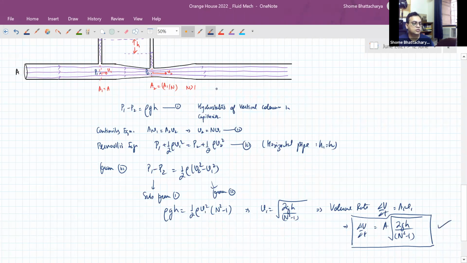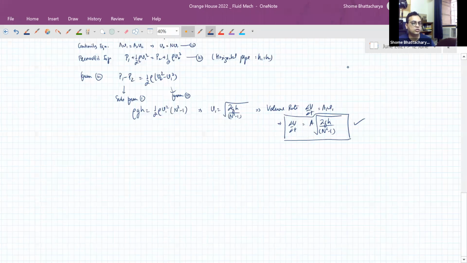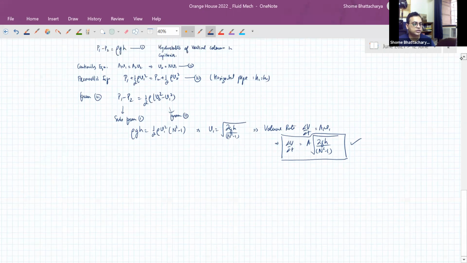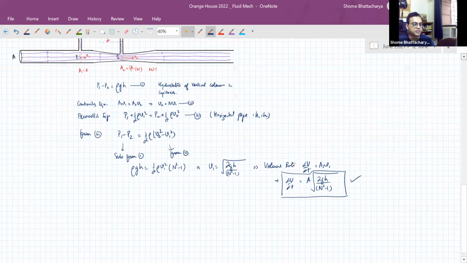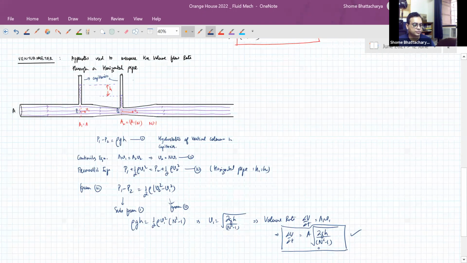Okay. So obviously N is a known quantity here, because we can measure the cross sections at the two positions A1 and A2. So the ratio N is known, and H is a measured quantity. So from that we can measure the volume flow rate.